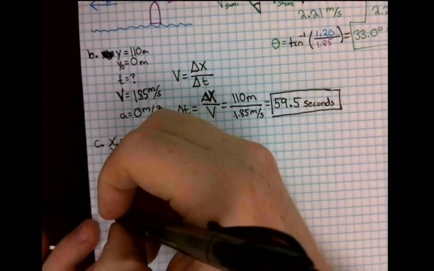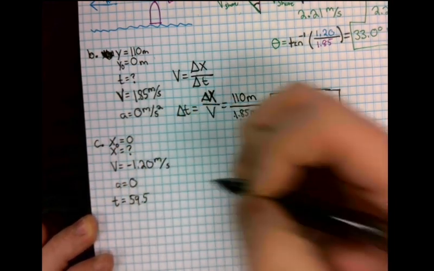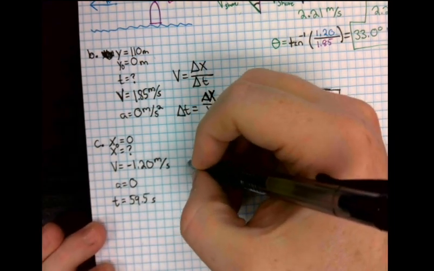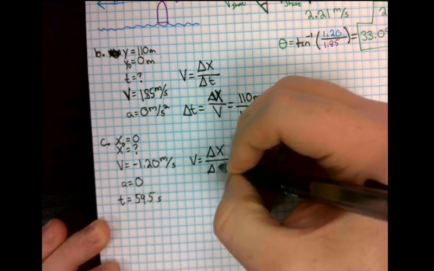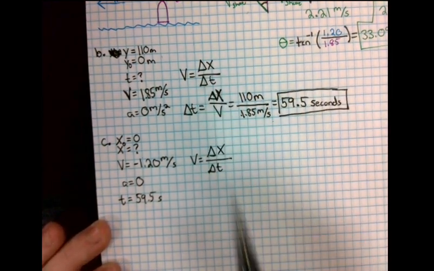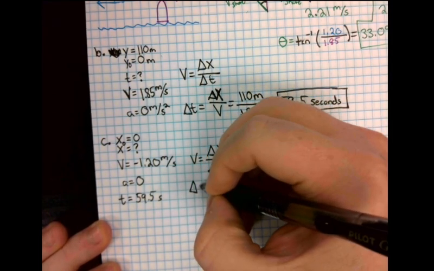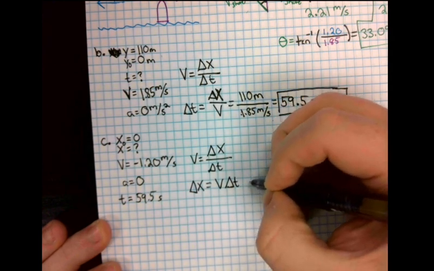We don't have an acceleration, but our t is equal to 59.5 seconds. Now we can do the same equation. We can do v equals delta x over delta t, but we're going to solve for x this time. So to solve for x, our x is equal to v delta t.